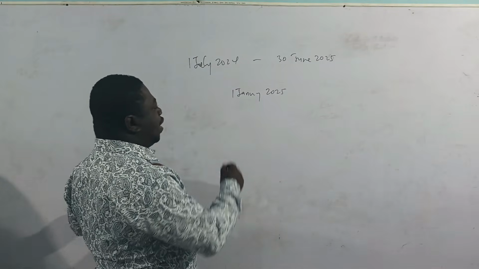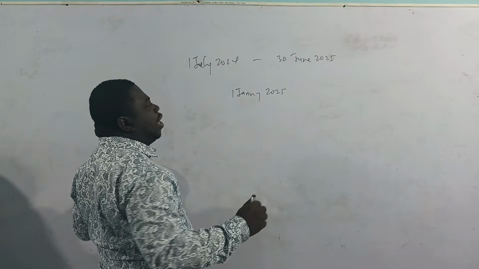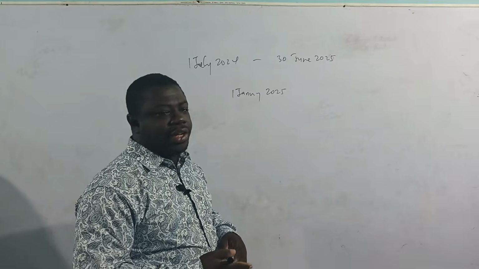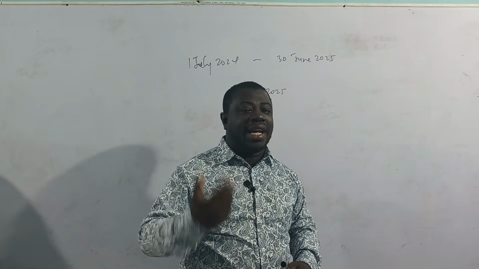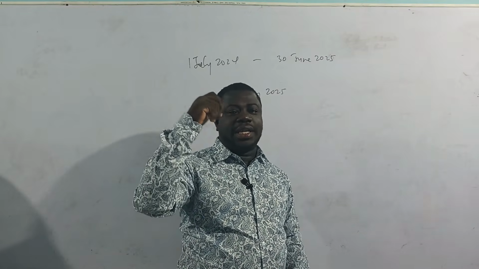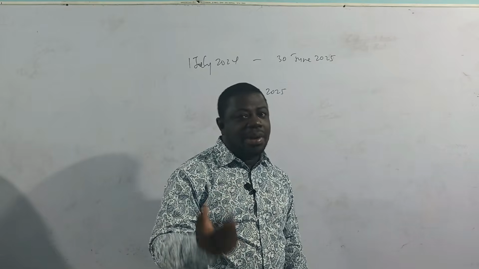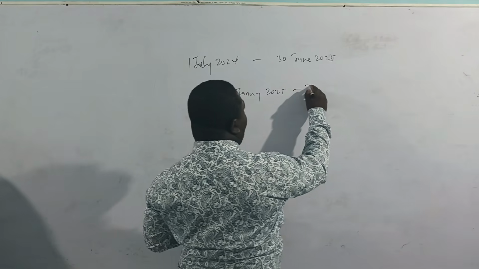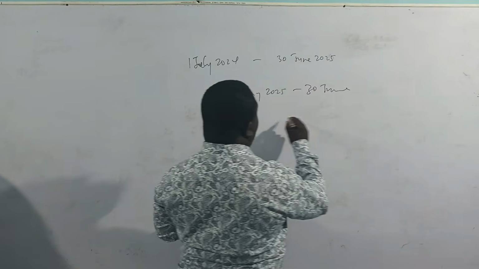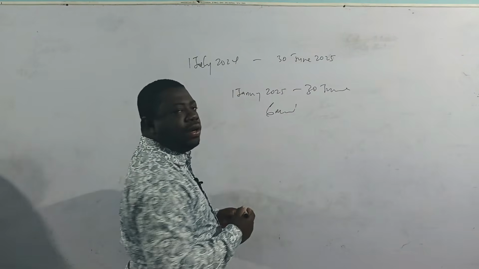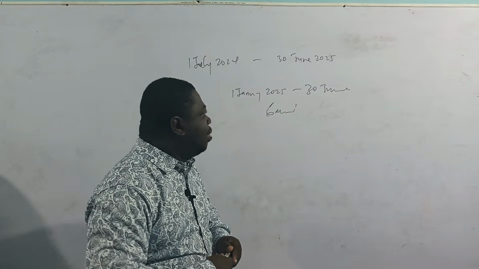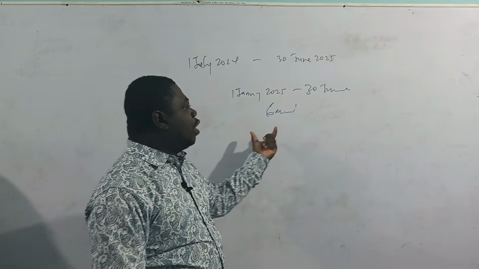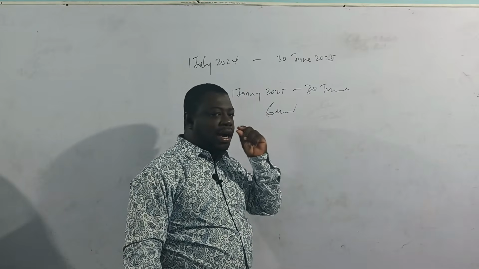Therefore, if the purchase was made in January, it was made in the middle of the accounting year, and we have to count the number of months that the subsidiary was owned by the parent, from January to June. From 1st January to 30th June, which is 6 months, the subsidiary was owned by the parent, but from the beginning till 1st January it was not. So we are going to use 6 months for our calculations.